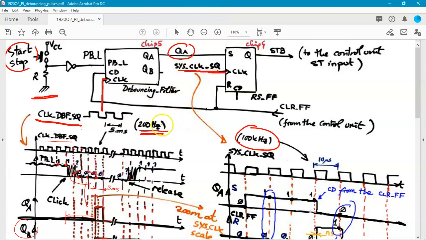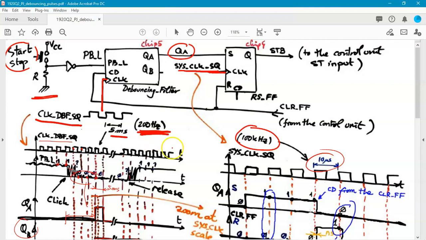So how to combine both analyses, or how to analyze a circuit like this, which is synchronous because both clocks are from the same clock generator, and that's a great advantage because both of them are going to be synchronous, but they are at a very different time scale. You see 5 milliseconds period here, and here 10 microseconds period. All right, so how can you go interfacing this or analyzing this by means of a timing diagram?